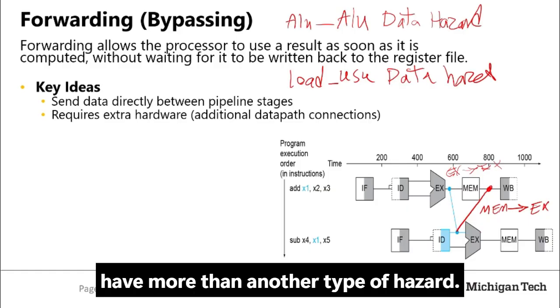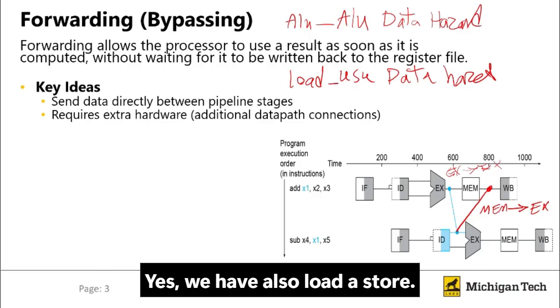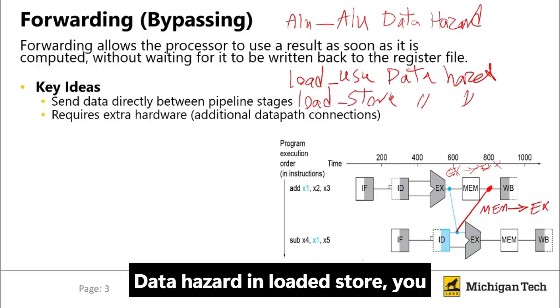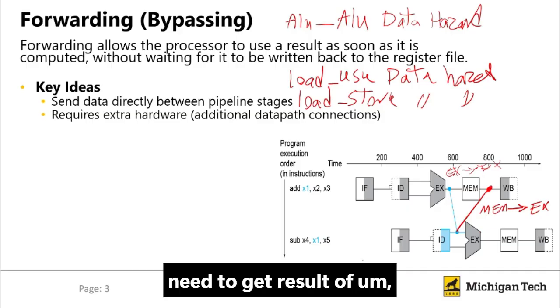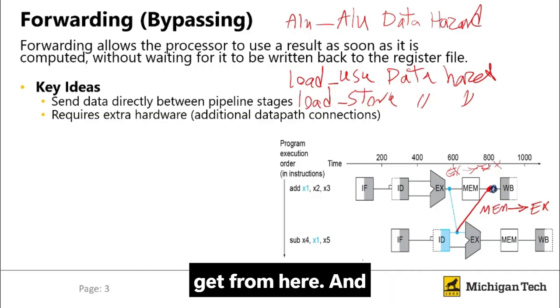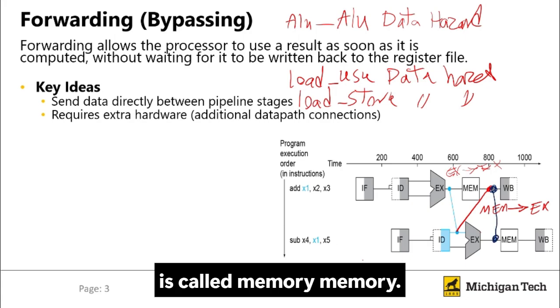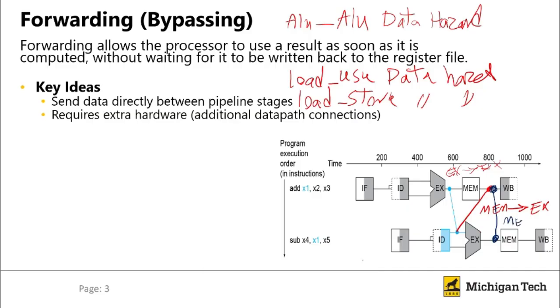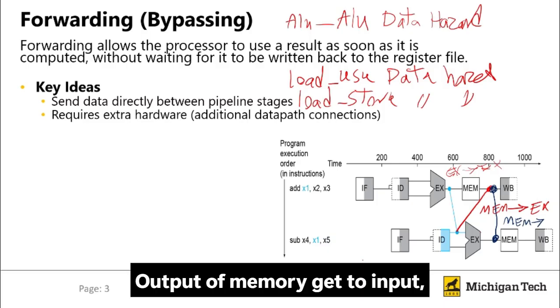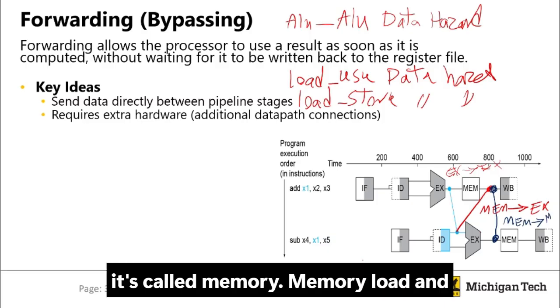Do we have another type of hazard? Yes, we also have load store data hazard. In load store, you need to get the result from here and give it to here. From memory out, the output of memory goes to the input.